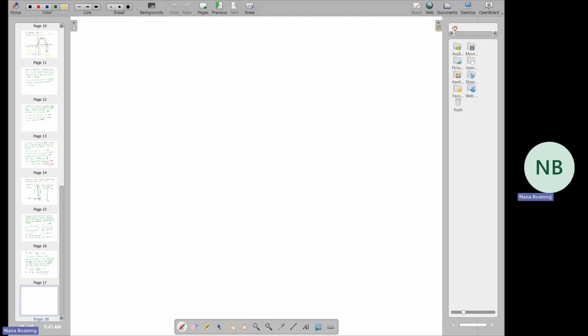All right. Let's look at another example, example 2C. It says write the equation of the following parabola in vertex form.